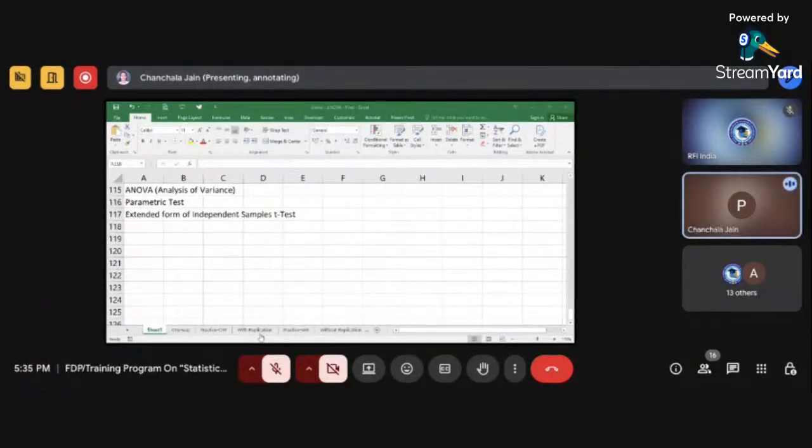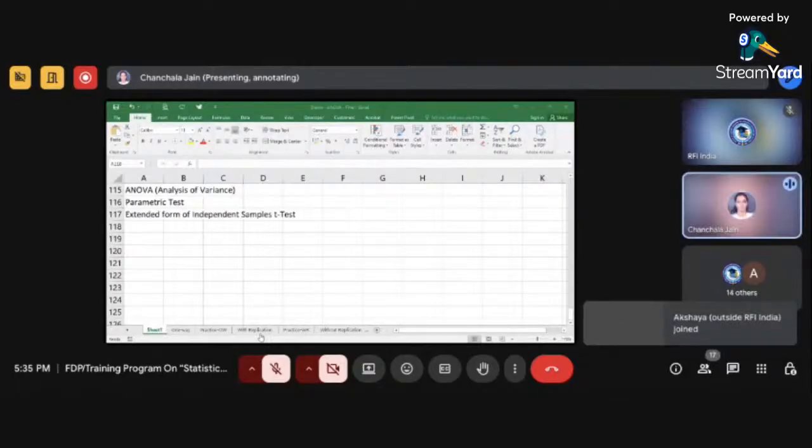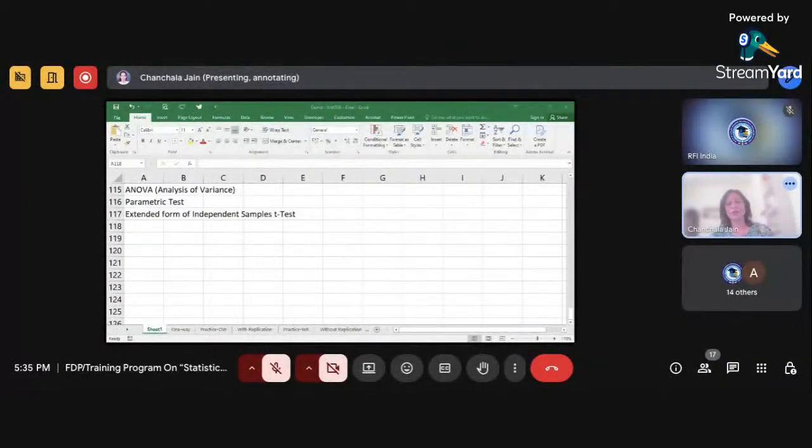Two independent variables which are not related to each other. Right, means we have to compare the mean in two independent groups or samples. This is what we are doing in the independent sample t-test, right?